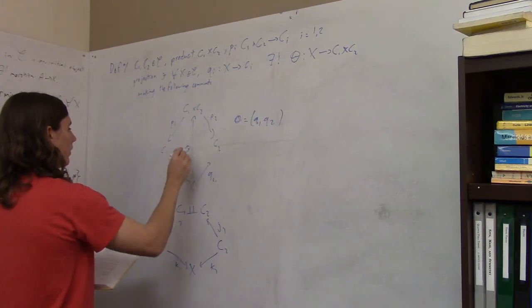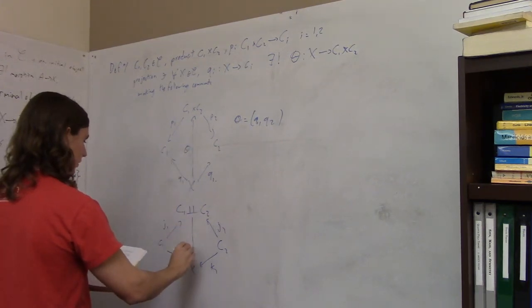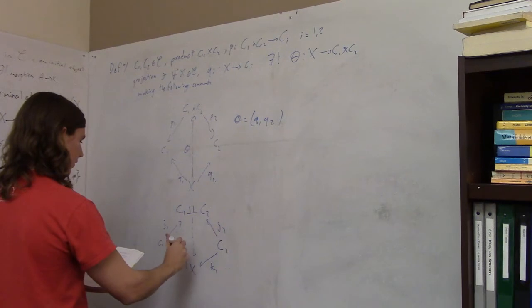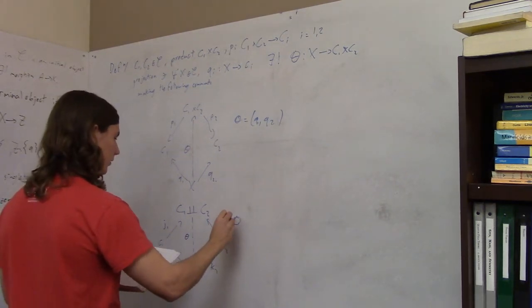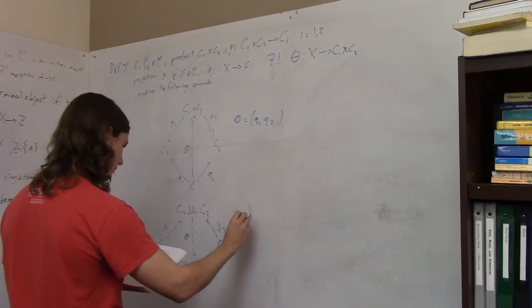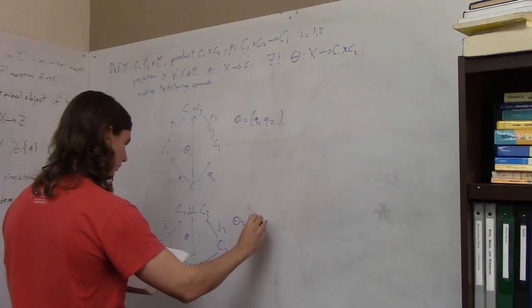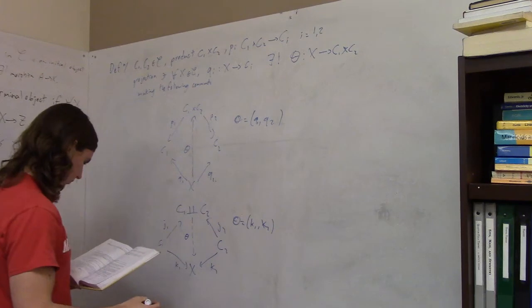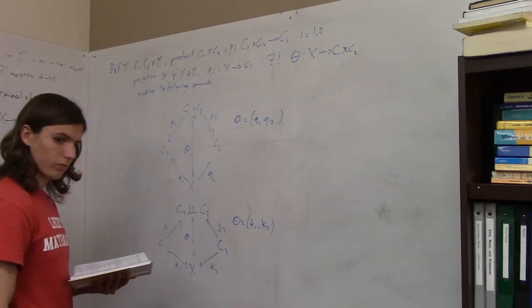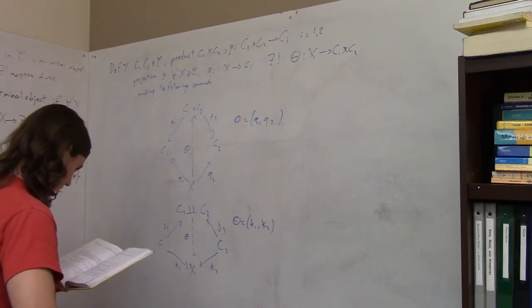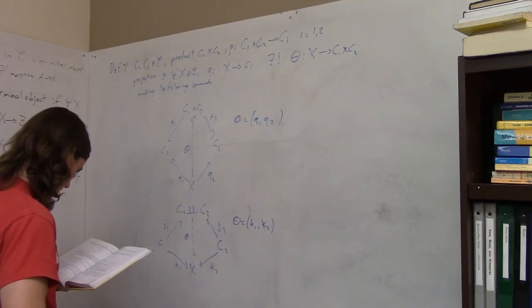We're looking at functions from X to C1 and C2. If you can make a function to C1 and a function to C2, you can make another function to the Cartesian product of C1 and C2, this theta map, such that when you project it with P1, you get back the Q1 function. That makes sense.